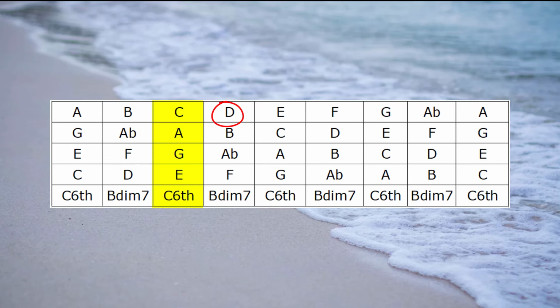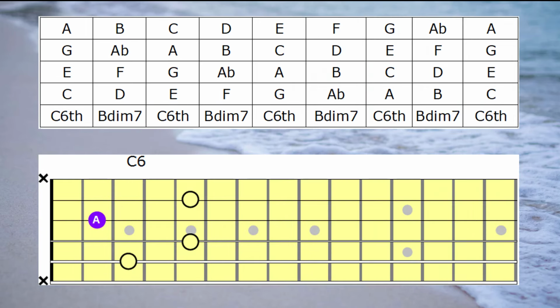For our first example, we'll be playing through the C6 diminished scale, and we'll also be creating additional chords by borrowing a note from the next chord in the series. So we'll start with our C6 chord, and the diagram that you'll see in front of you at the moment consists of 3 clear dots and 1 purple dot.